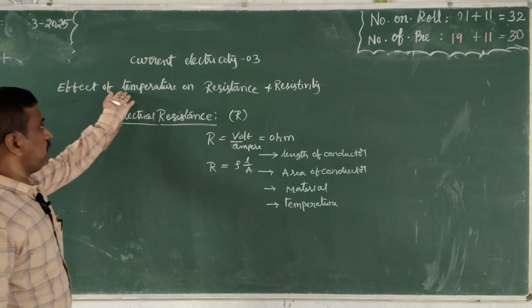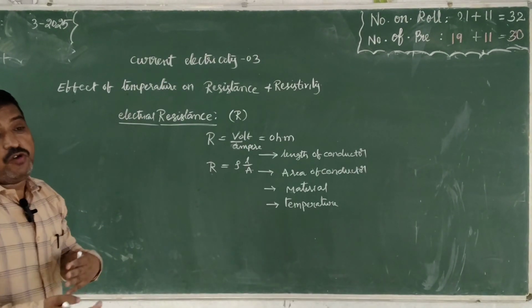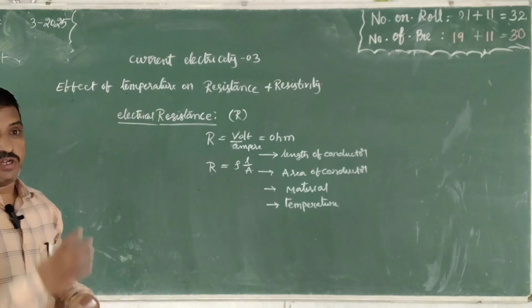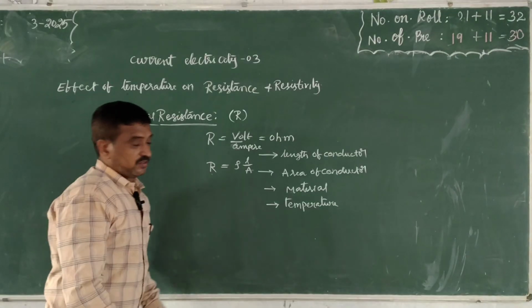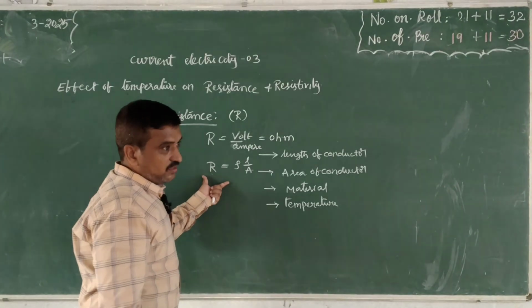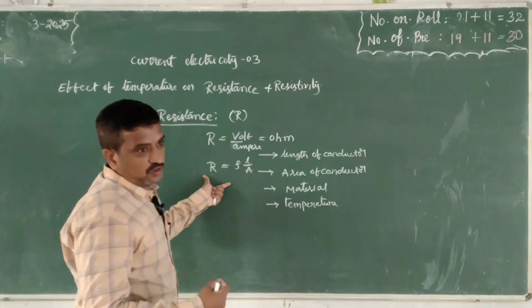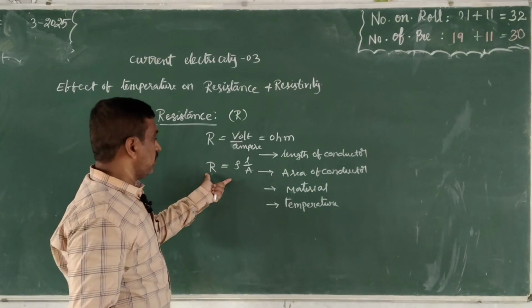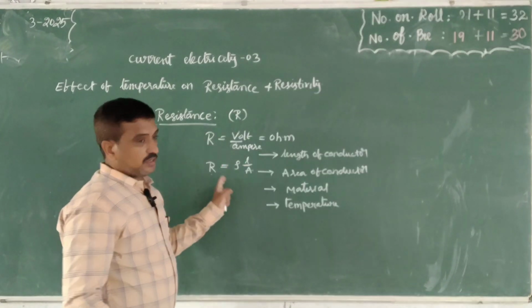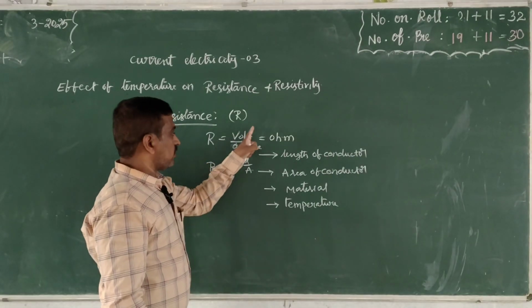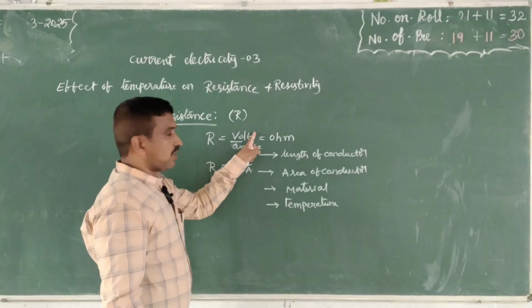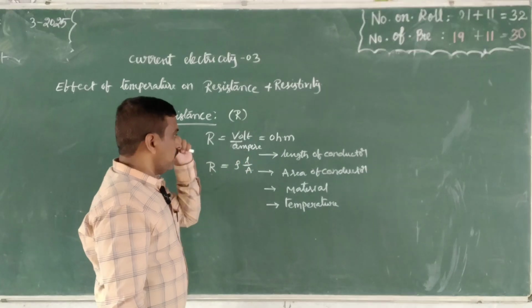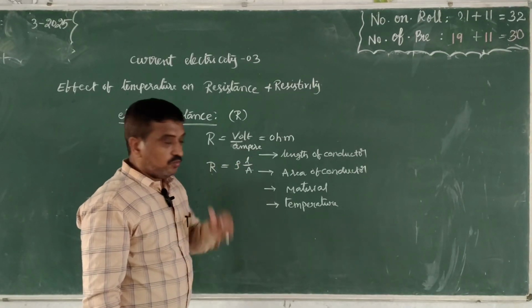See here, effect of temperature on resistance and resistivity: how it will change, either increasing or decreasing or constant, that we discuss. Resistance is the obstruction offered in flow of electrons or flow of current by a conductor. Resistance is potential by current, potential in volt, current in ampere, so volt per ampere we call ohm.